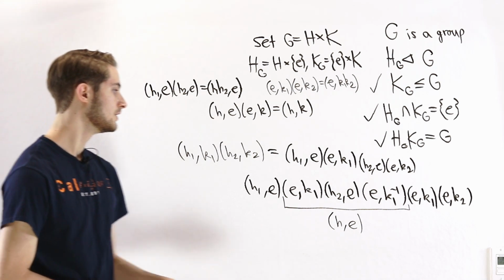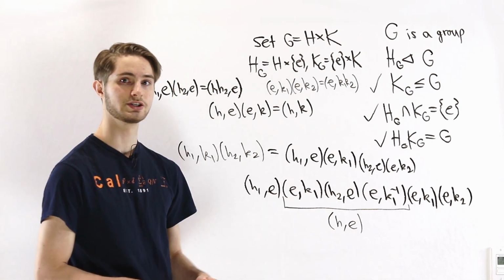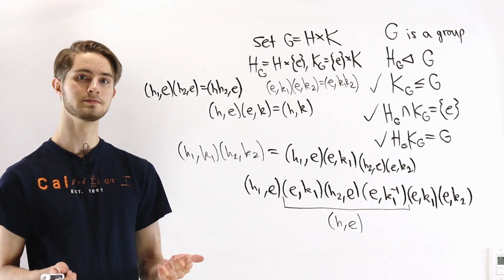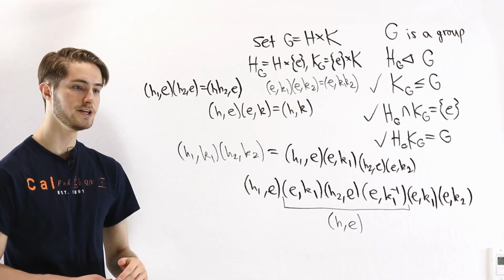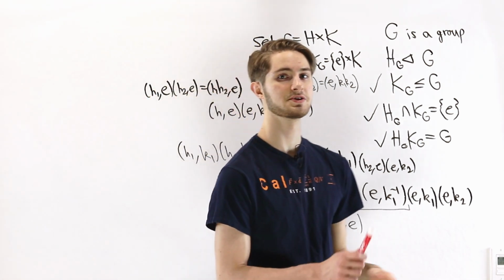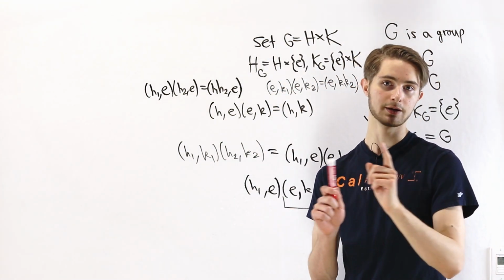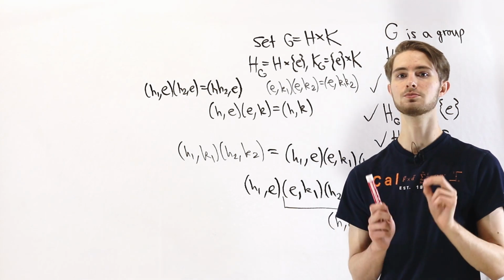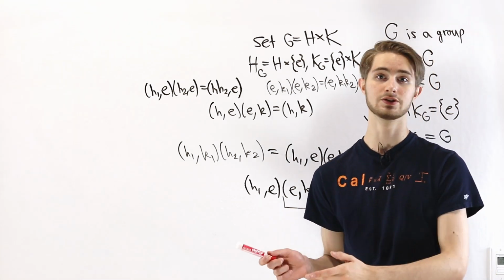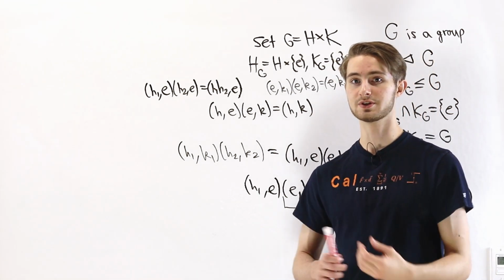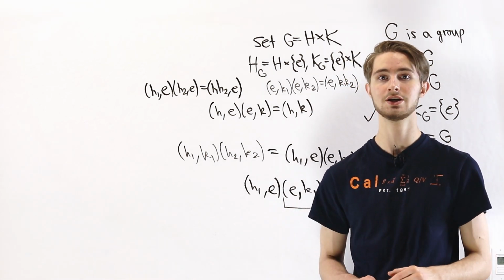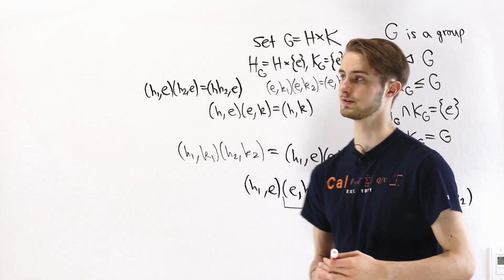Now we need to figure out what this conjugation is going to look like. Before we figure that out, we first need to look at some properties of conjugation. Remember that in a group, conjugating by a group element is an automorphism. And in fact, it has a special name. When we look at an automorphism that's described by conjugation, it's called an inner automorphism.